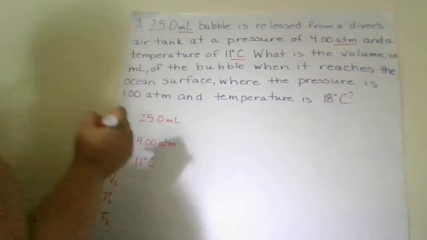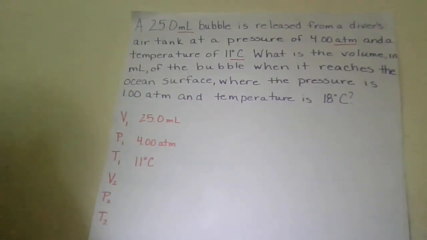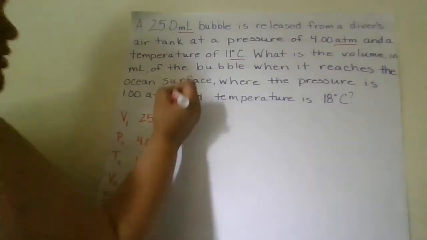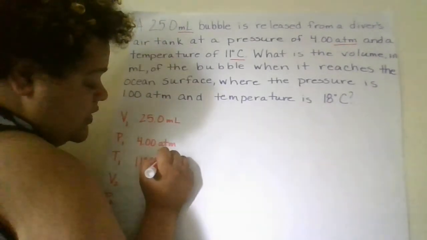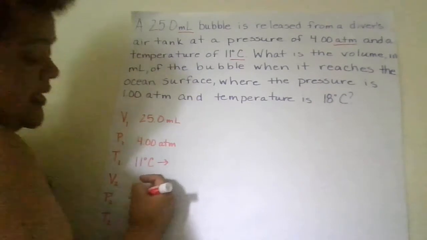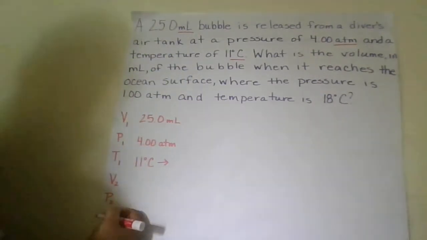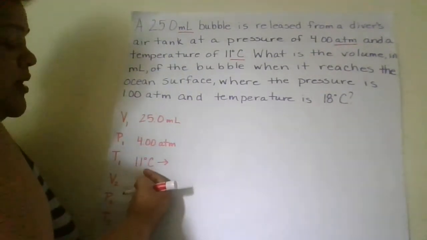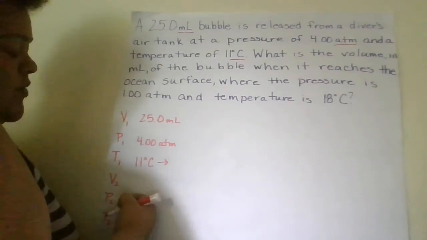Now, one thing we know, the standard of temperature in gas laws is going to be Kelvin. So this will need to be changed. We will need to add the conversion factor of Kelvin to our centigrade here.